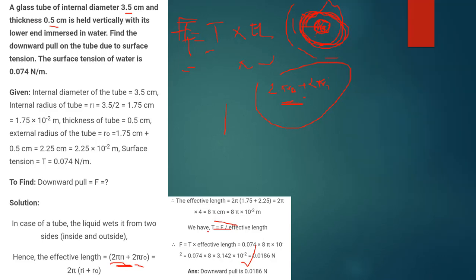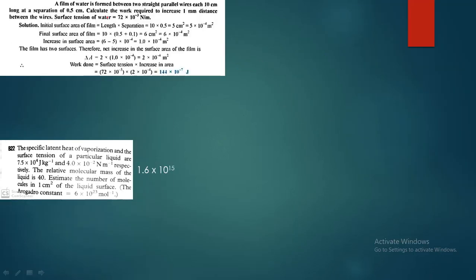Yes, so that's it. So we are having a film of water formed between straight parallel wires each of 10 cm long na separation is 0.5 cm. Question is calculate the work required to increase 1 mm distance between the wires. Surface tension umepewa.